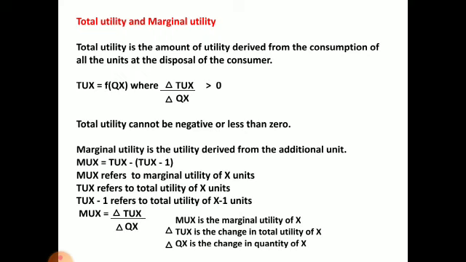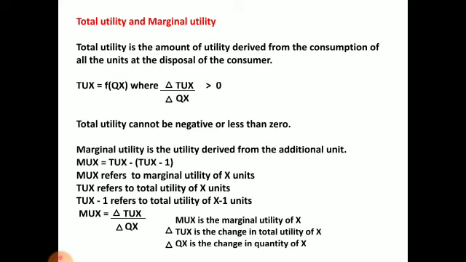So total utility of a commodity X is a function of the quantity of X consumed. So we say total utility is a direct function of quantity of the commodity in consideration. Symbolically, we can say TUX is equal to function of QX, where delta TUX divided by delta QX is always greater than 0.